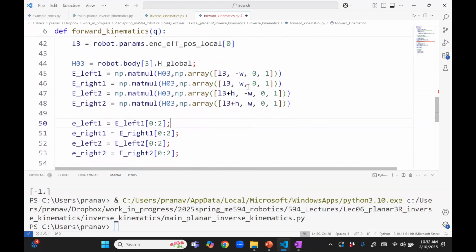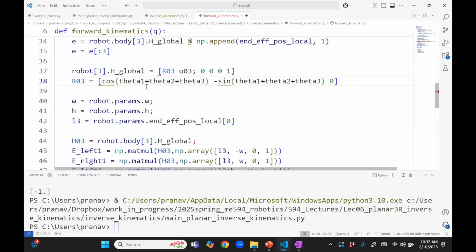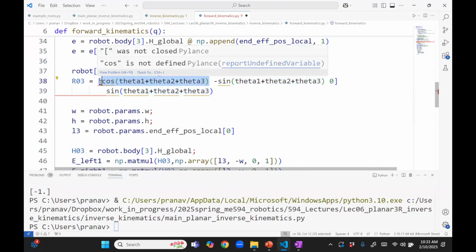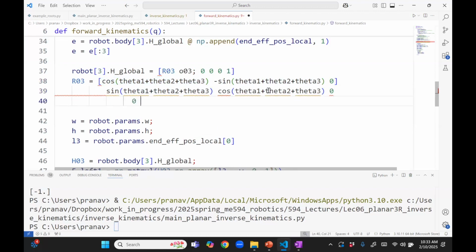Then there'll be sine, and then cosine, then 0, 0, 1.